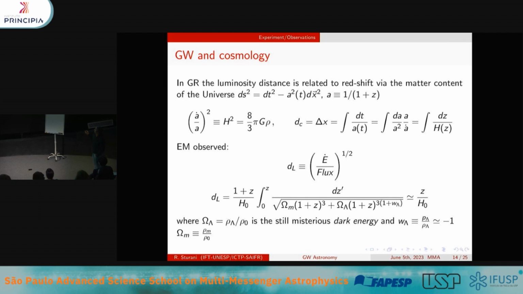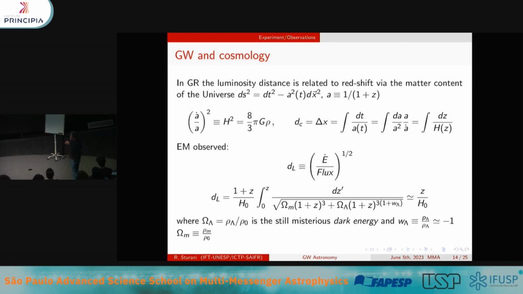Then I play with the differential, since a dot is dA in dt. You see, dA and dA simplify, the dt recovers the original dt, and a and a squared recover the original a. So all of this combination is nicely expressed as an integral over redshift of 1 over H of z. Since the density is changing with time, so changing with redshift and with the scale factor, H is also changing with the scale factor. So basically, the distance at which we see an object depends on the expansion rate of the universe.